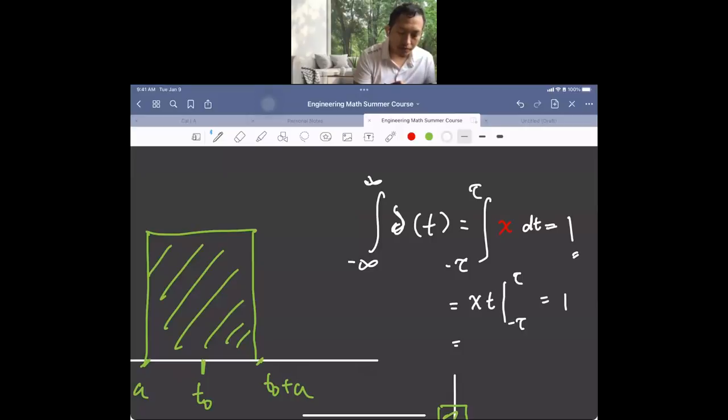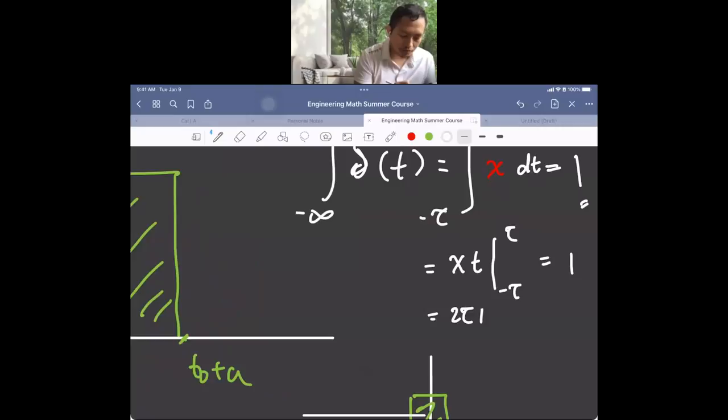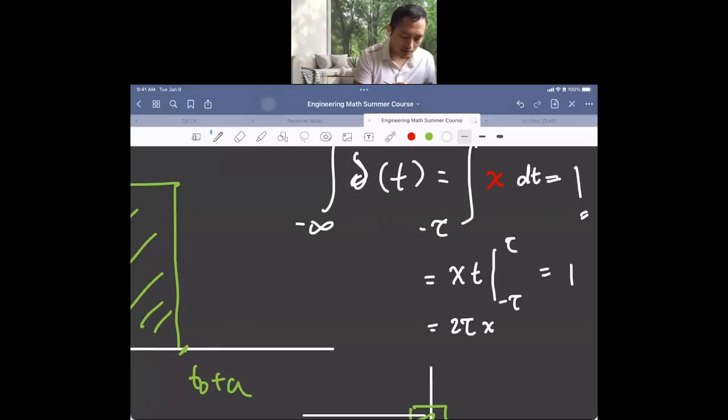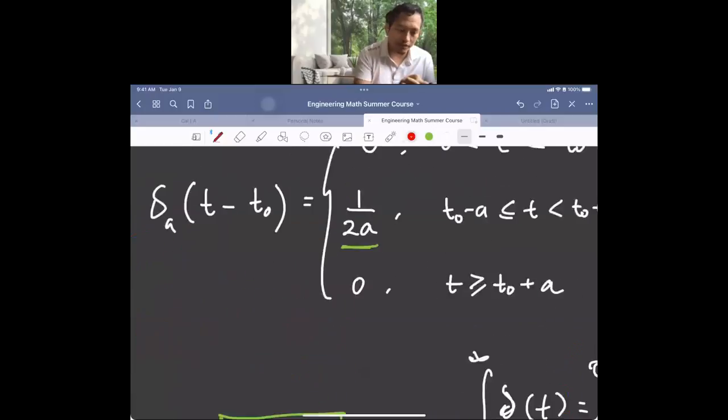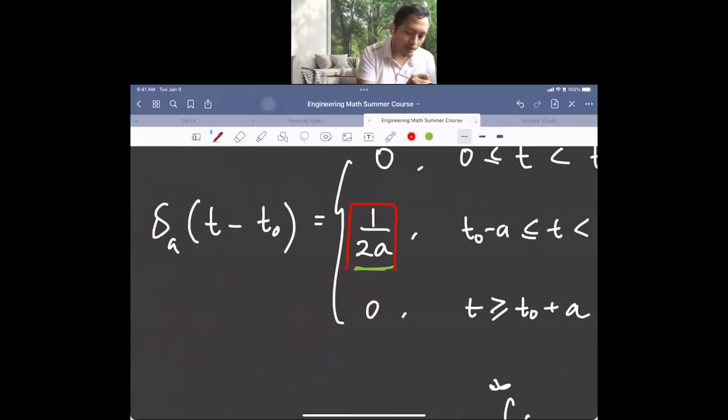This will be equal to tau minus negative tau, which is 2 tau. So 2 tau x is equal to 1, so x is 1 over 2 tau. This is why we have this 1 over 2a here. I hope you get the idea of where it comes from.